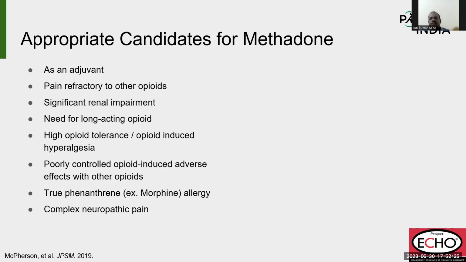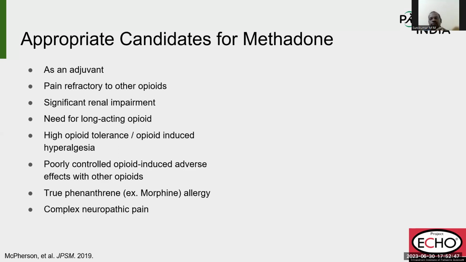This patient is having very good pain relief most of the time, but he is waking up at midnight due to pain. If you start this patient on a small dose of methadone, maybe 2.5 milligrams, then this patient can most probably have good pain relief.